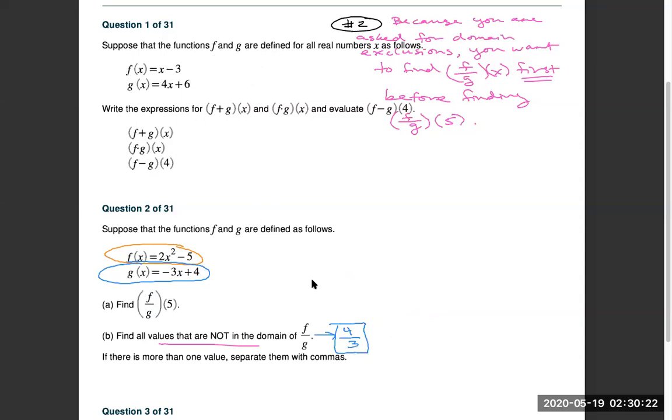Essentially, what it's saying is when x is equal to 4/3, let's put this over here in exclusion color, g of x, aka g of 4/3, is equal to 0.